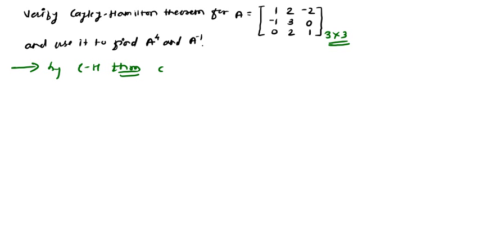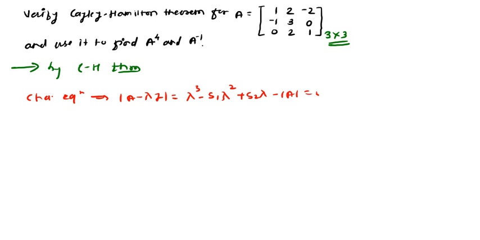Okay, so firstly we need to find the characteristic equation of the given matrix, that is determinant of A minus lambda I, and it is a 3 by 3 matrix. So it will be lambda cubed minus S1 lambda squared plus S2 lambda minus determinant of A equal to 0.